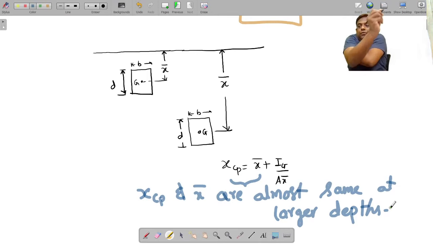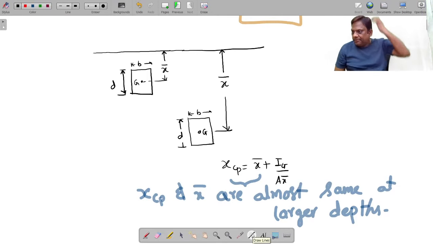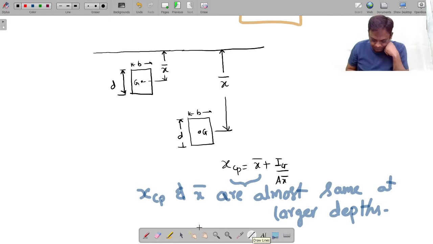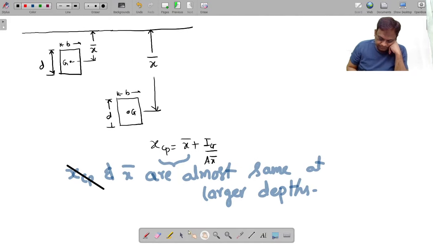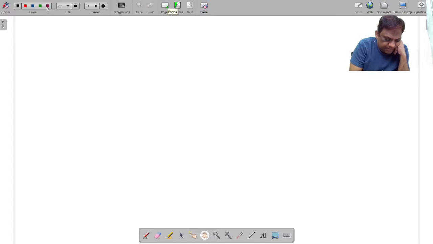Okay. So now I'll give you one table. What is that table? So that the revision will be very easy for us. Let us take one table.